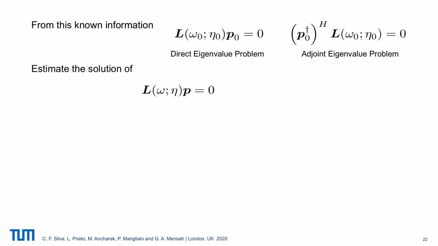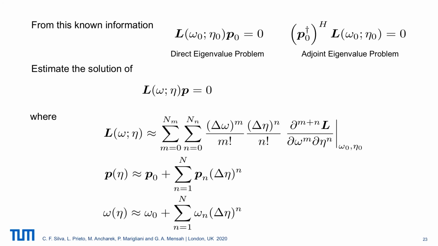And now we have the same thing as before. We have the direct and the adjoint eigenvalue problem and the solution, so the definition of the eigenvalue problem, the new one after the perturbation has been applied. And this operator, the eigenvector and the eigenvalue, are now expressed as a power series.